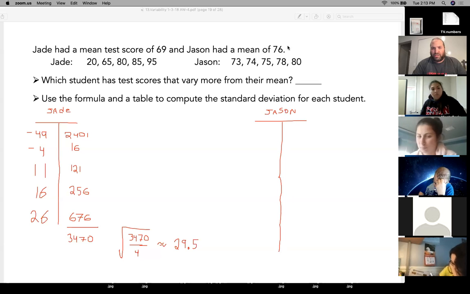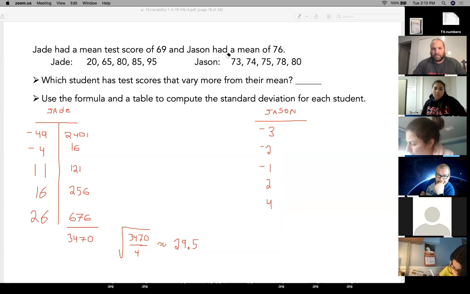So what was Jason's mean? 76, I believe. So 73 is 3 less, 74 is 2 less, 75 is 1 less, 78 is 2 more, and 80 is 4 more. As you can see here again, like the last one, if you add the deviations up, they add to 0. So we don't add up the deviations. Instead, we square them.